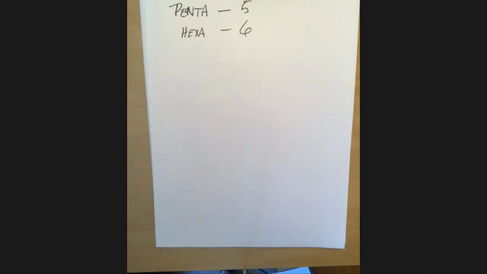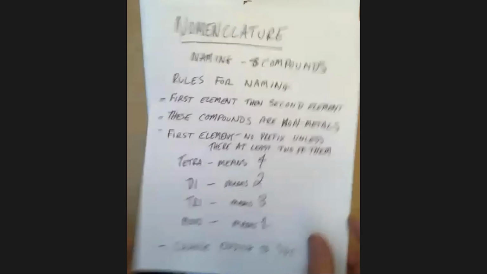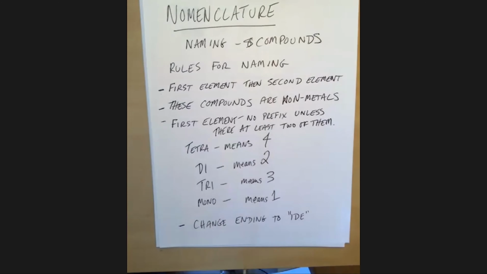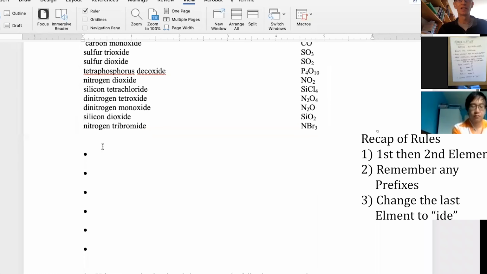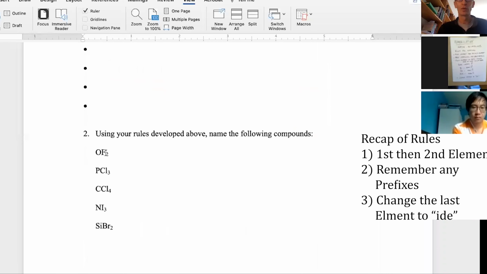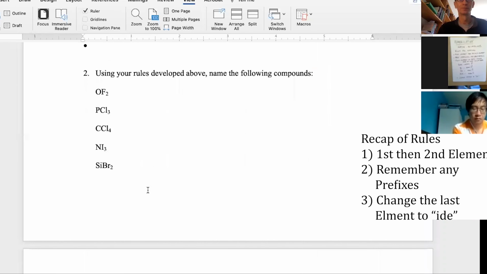So if I go back to here's the set of rules. We'll leave them right here. So here's the compounds. In these spots, I could have been writing the rules. Actually, maybe I should have been doing that. And now we try and name some compounds. All right. So actually, maybe I'll do that on this screen here as we go along. Maybe that would be smarter. So based on our rules, what do you have for naming these compounds?